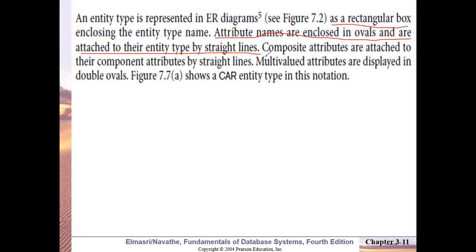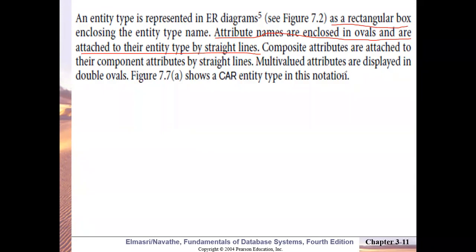I'll give you an example, name or address. They are composed of several components, subcomponents. Such attributes are shown by ovals, but their components are connected to these ovals by straight lines. How exactly that looks we'll see in the next slide.